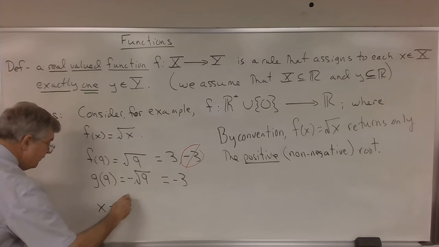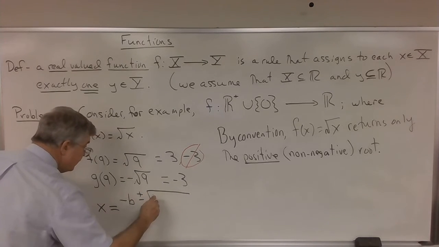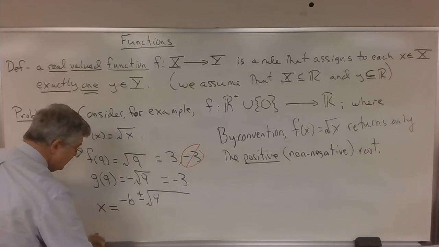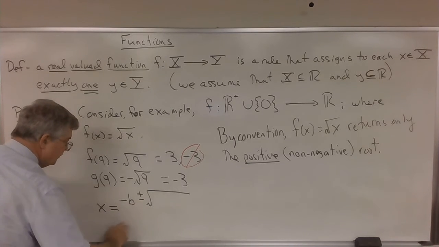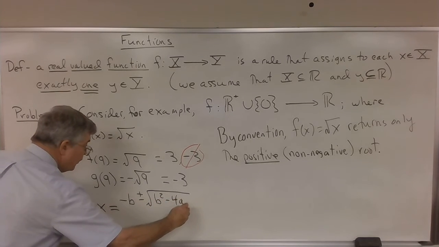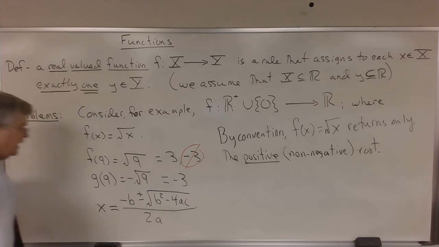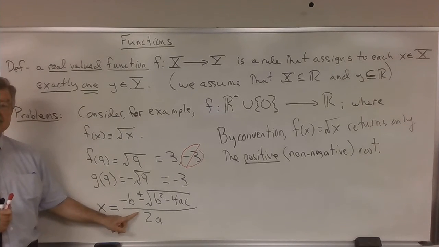But we have negative b plus or minus the square root of b squared minus 4ac all over 2a. This formula will give us both roots of a quadratic equation.